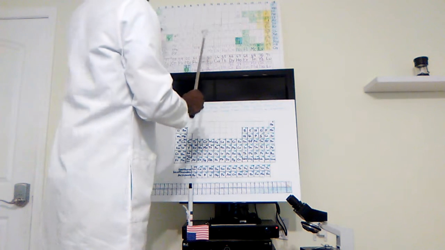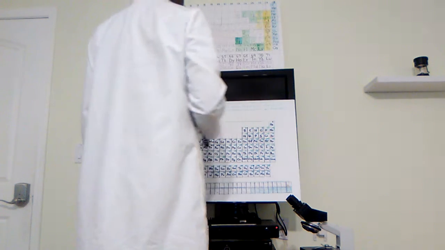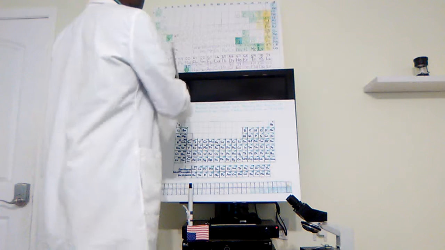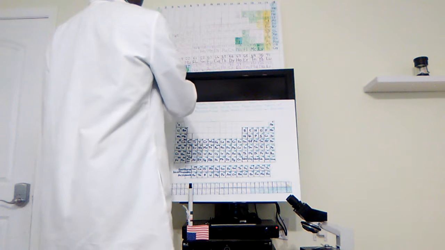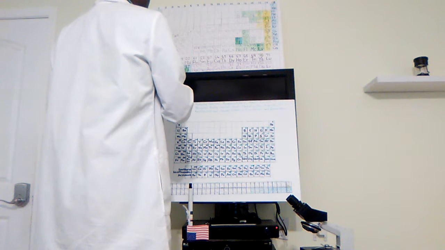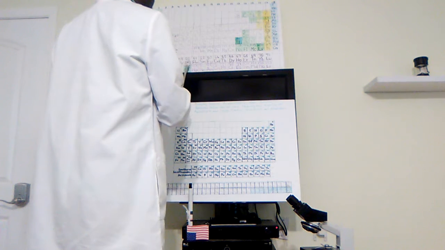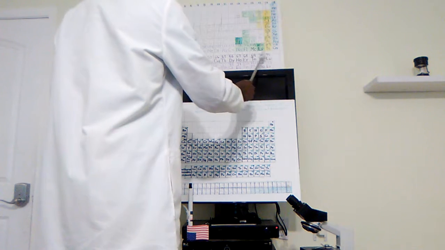It should be 57, but like I said, they have actually chopped out a piece of the periodic table and brought it down so that it would abridge the width of the periodic table. So if we insert this back, we'd have 55, 56, 57, which is La, and 58 Ce, 59 Pr, 60 Nd, and so on and so forth. We're now over to 71 there.